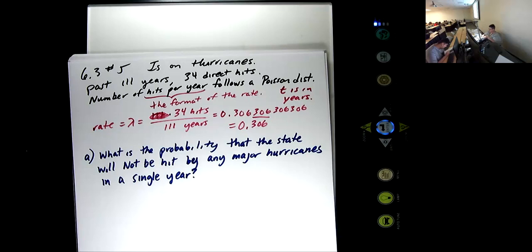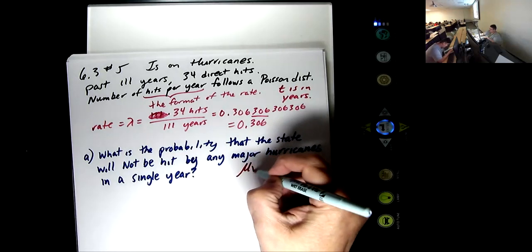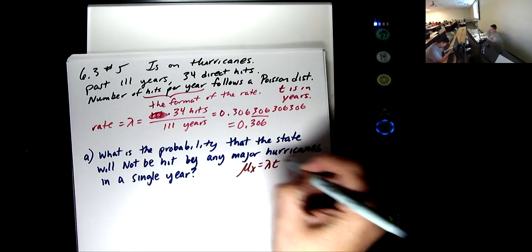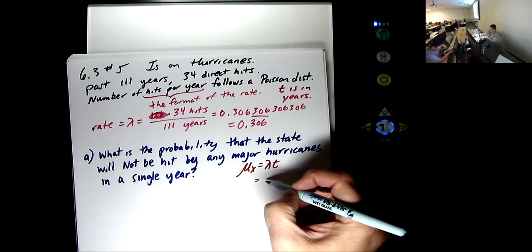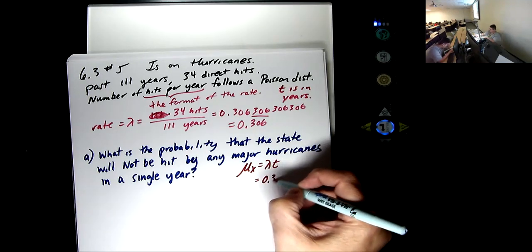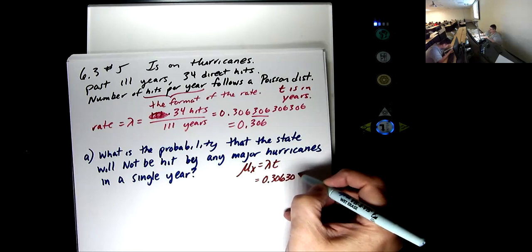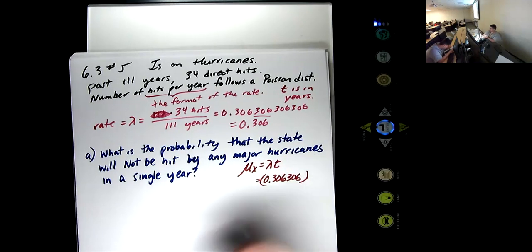Well, we know we're going to do this in StatCrunch. And StatCrunch requires us to have mu of x, which is lambda times t, which is going to be 0.306. I'm going to do 0.306 times, what's t here? What is the interval of time that's given?